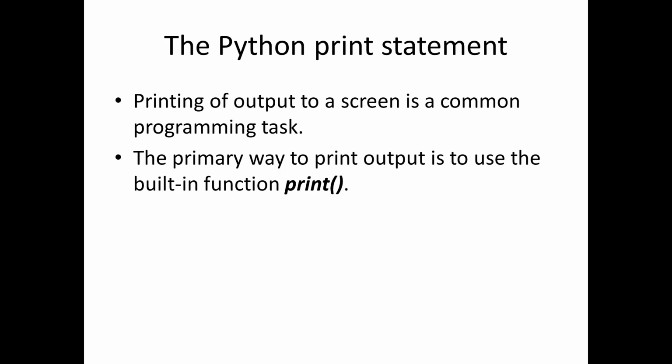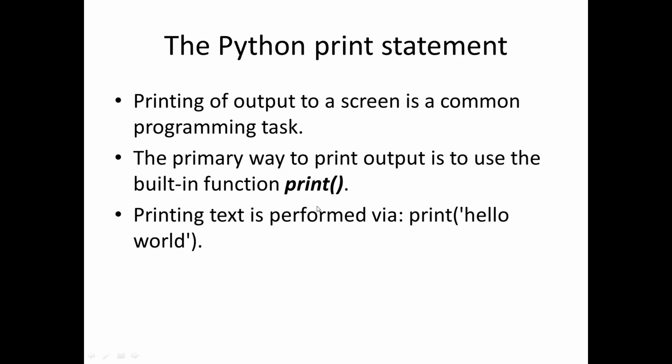And we call this a function because this particular command will take in values inside of these parentheses and operate on them. In this case, it will print those values inside of the parentheses to the screen. So printing text is simply performed by just using the print statement and enclosing something inside of the parentheses.